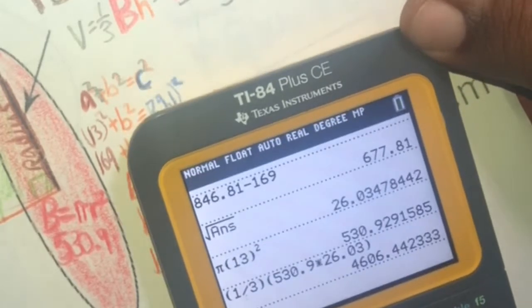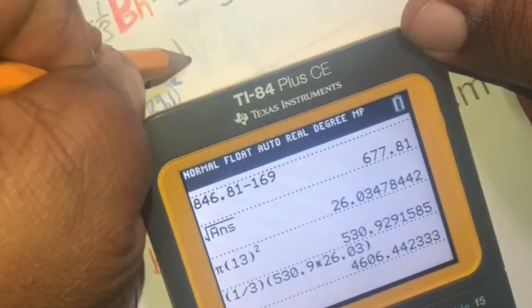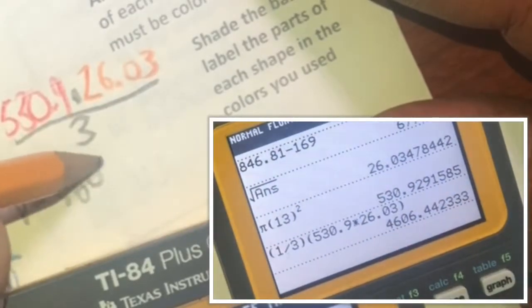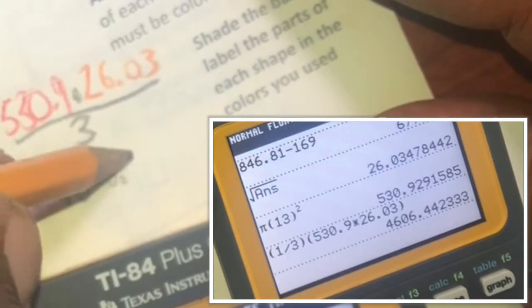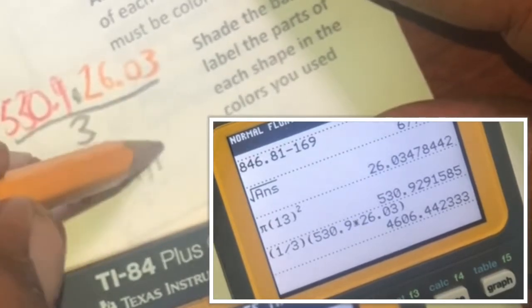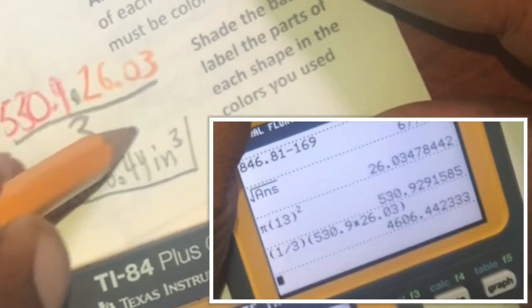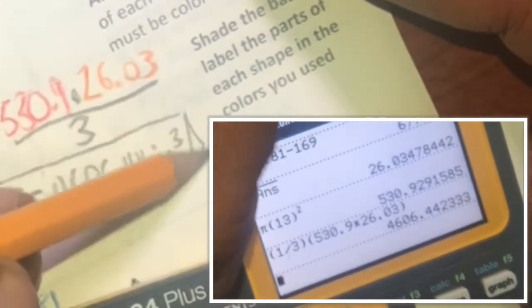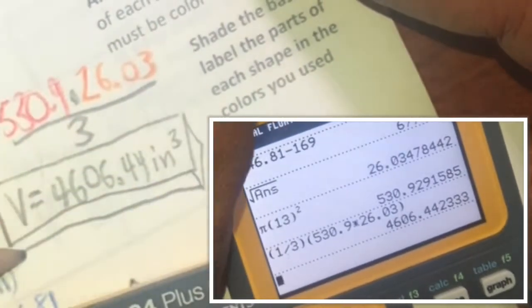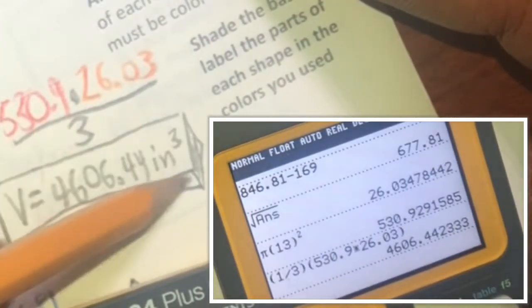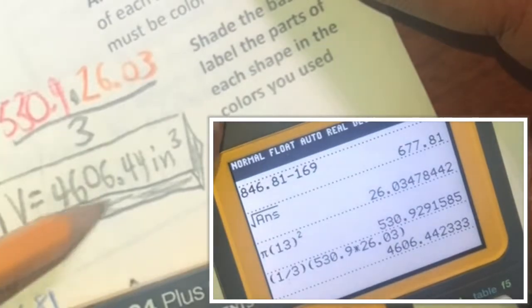So the volume is going to be equal to 4606.44 inches to the 3rd power. And that is how a beast does the volume.